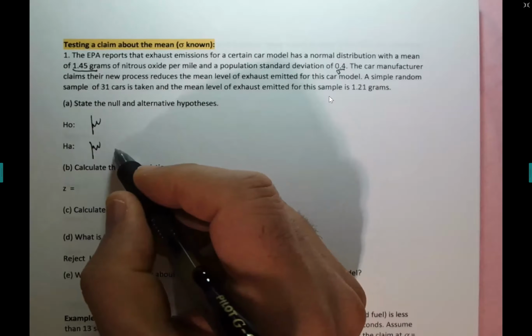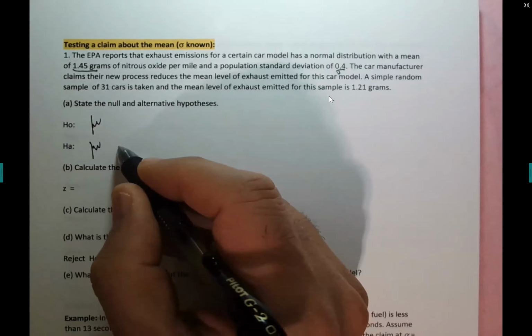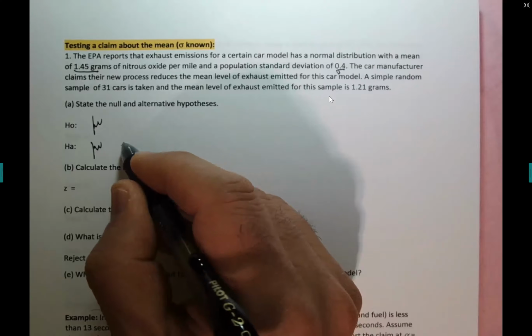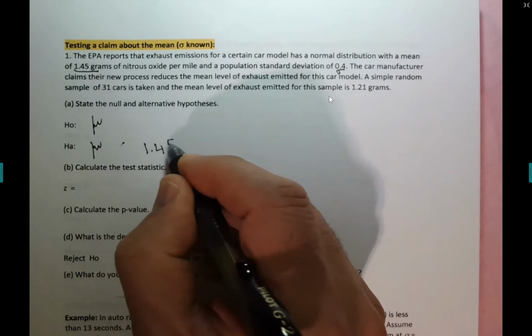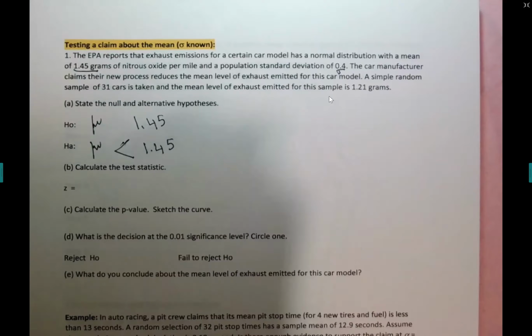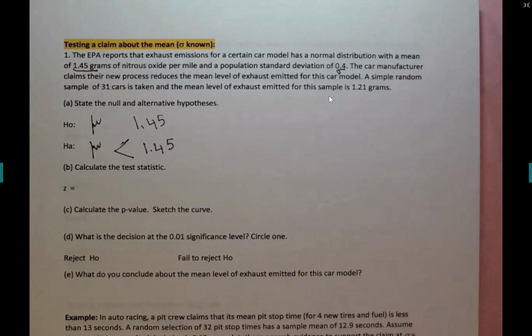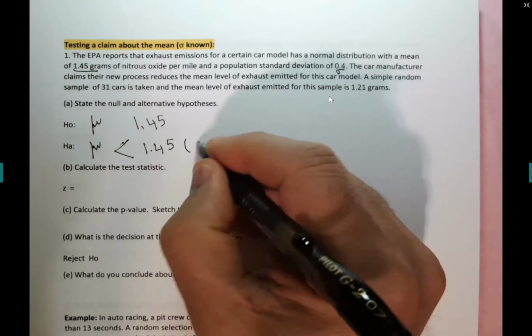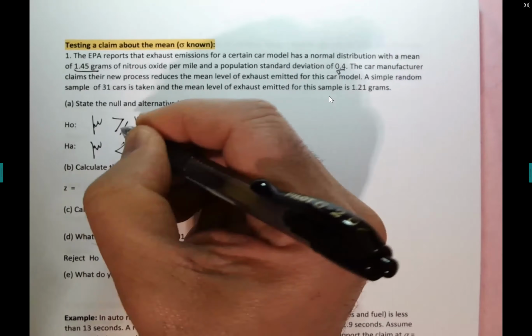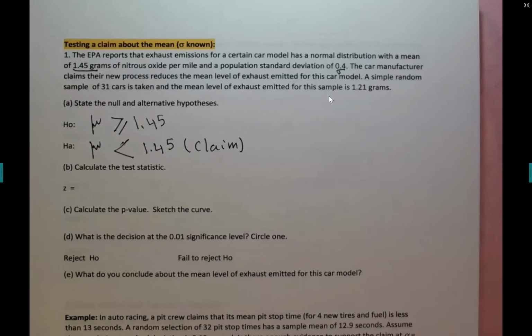No, lower should go, or should equal go to the 1.45? Yeah, it's against 1.45, guys. Okay, so I'm sorry, the alternative is lower. Yeah. And that's the null. And your claim is in the alternative.